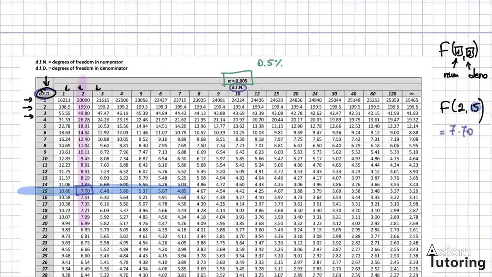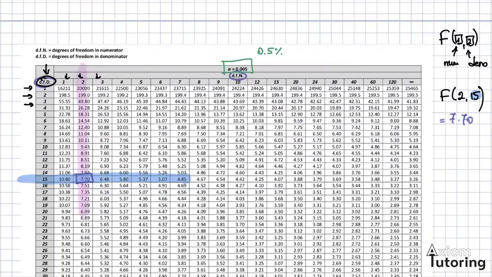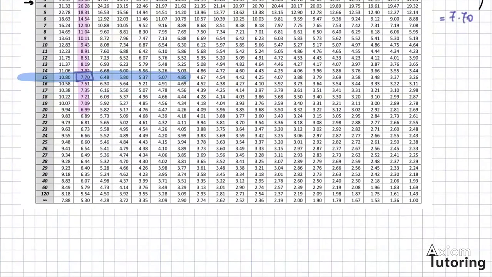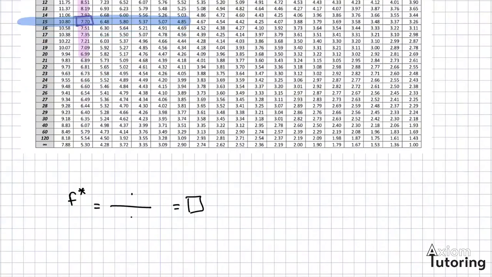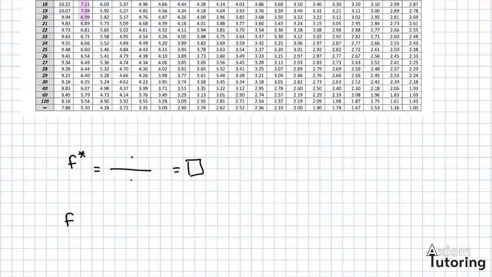In terms of decision rules, once we have found the F from this table, so let's say the F star has been calculated by our formula and gives us a certain number. From the table, we get the F critical at a certain level of alpha. In order for us to make a decision, we literally have to compare these two values.